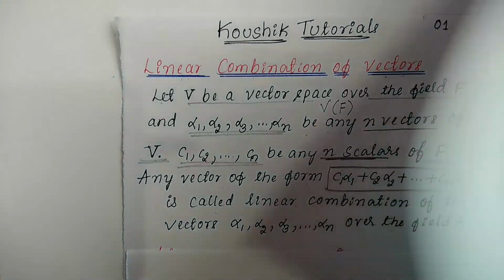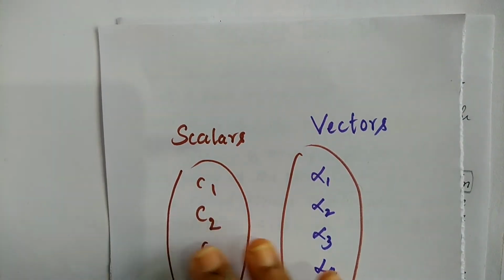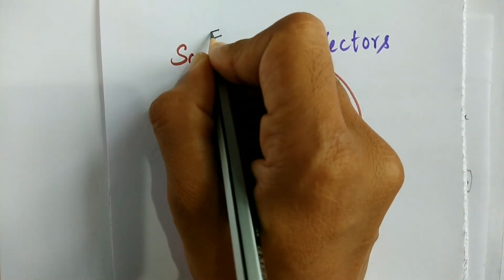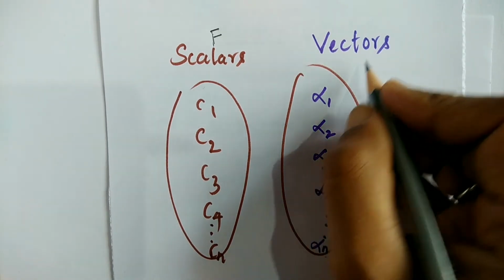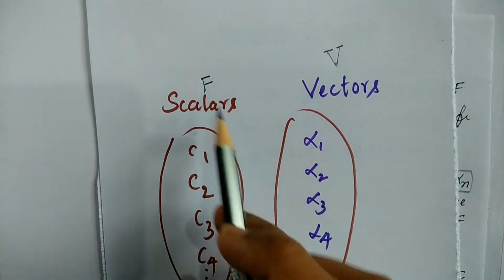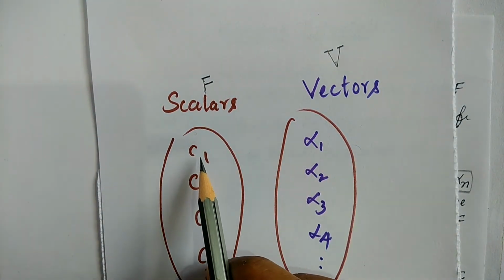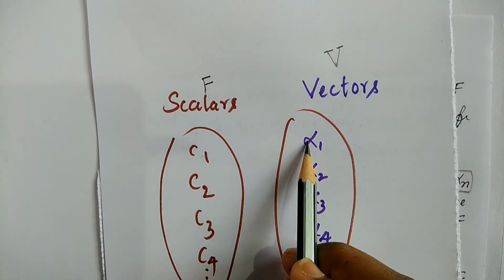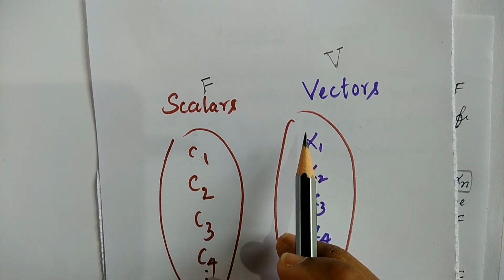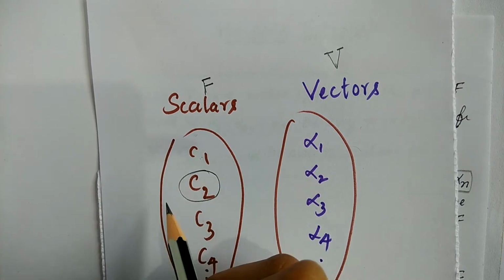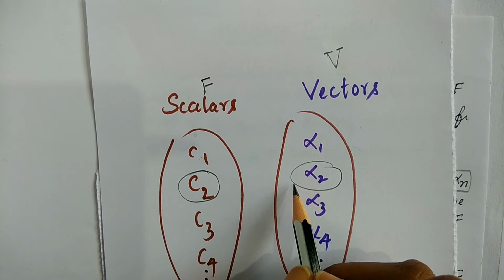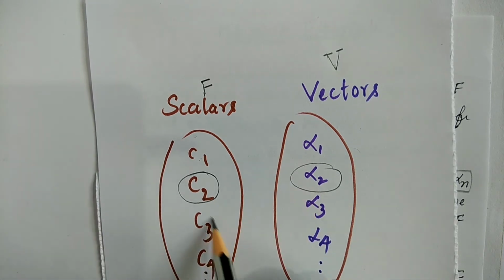It means, if I take scalars and vectors, here the scalars come from the field and here the vectors come from the set V. If I pick one scalar and one vector and join them by multiplication, that is C1 into alpha 1, plus take C2, another scalar, and alpha 2, another vector. Multiply those two, C2 alpha 2, and next C3 alpha 3.